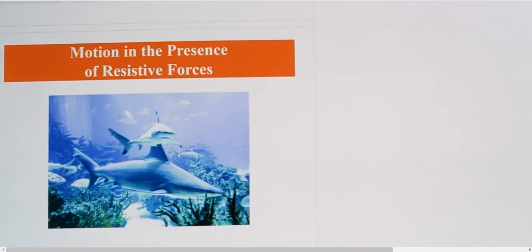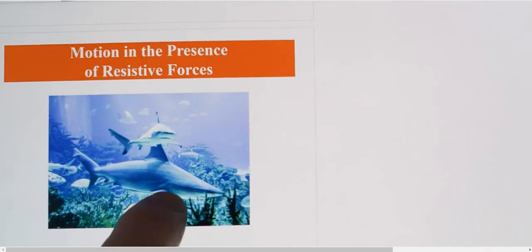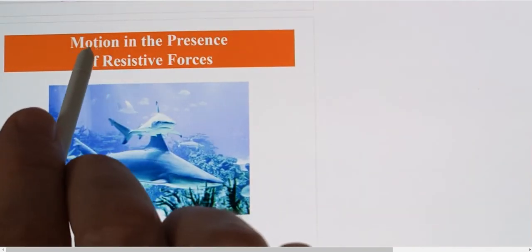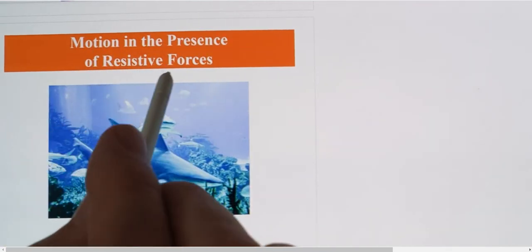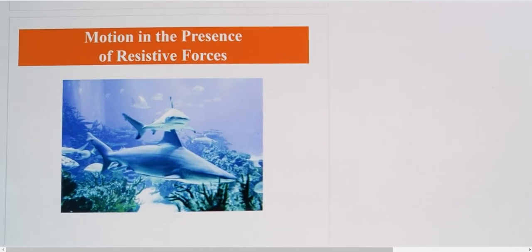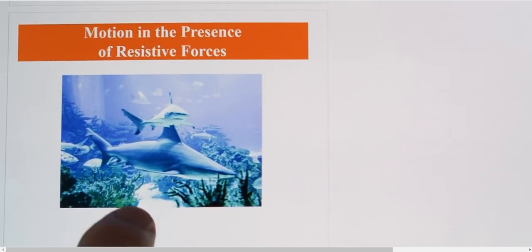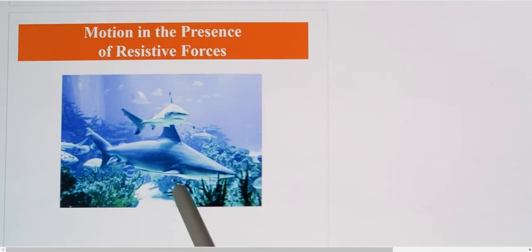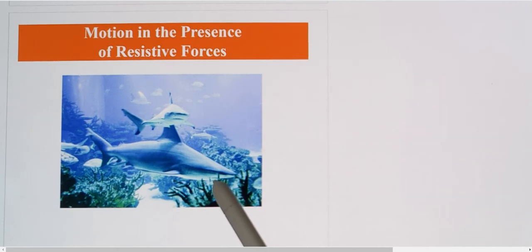Okay. Now let's move on to a relatively new subject, which is motion in the presence of resistive forces. For example, you have a picture of a fish swimming in the water.